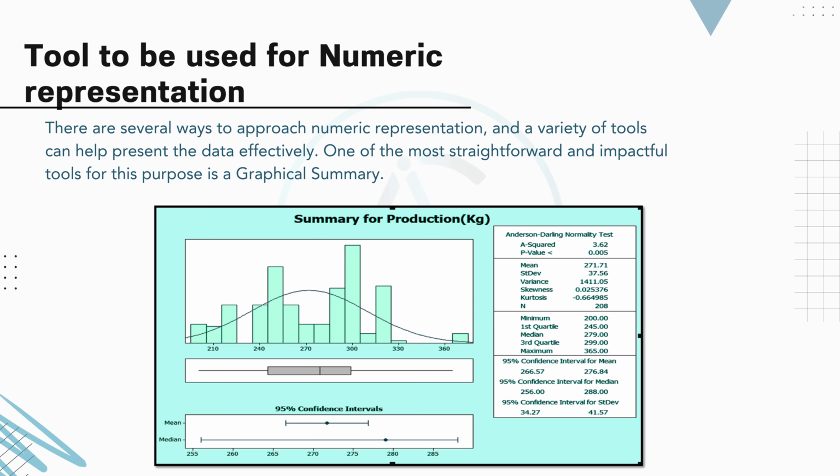Additionally, we see confidence intervals for the mean, median, and standard deviation, which give us insight into the reliability of these statistics. Using this type of summary helps in making informed decisions by understanding not just the average production, but also how consistent and predictable the data is. It's a great way to combine visual and numerical analysis into one view.